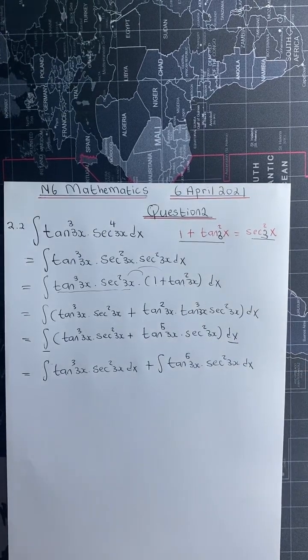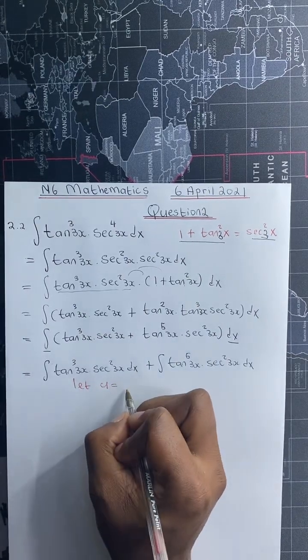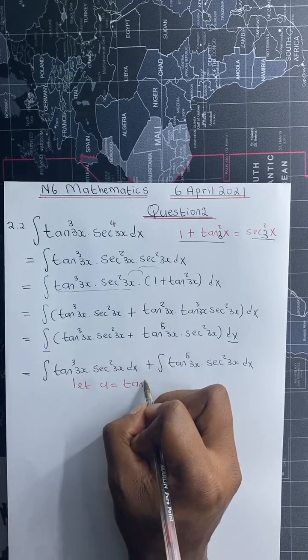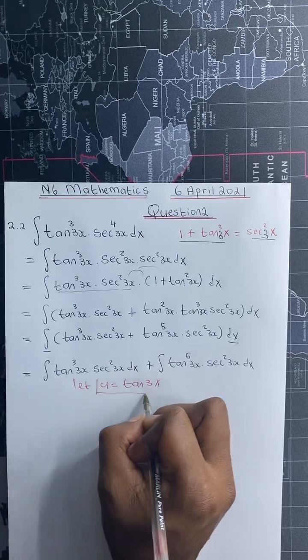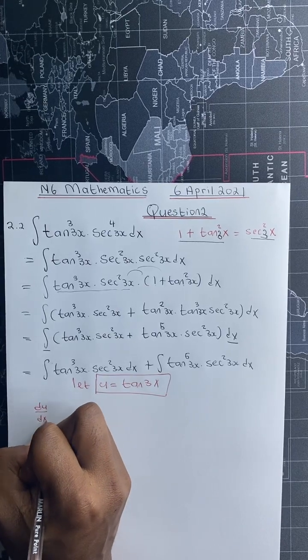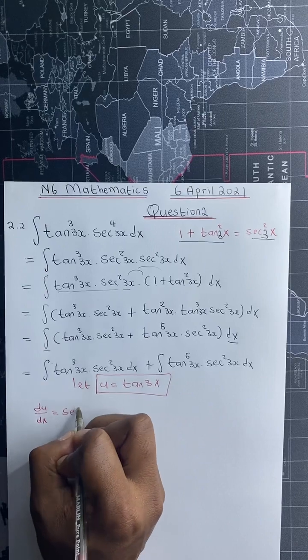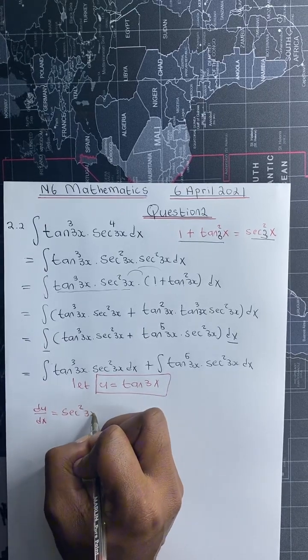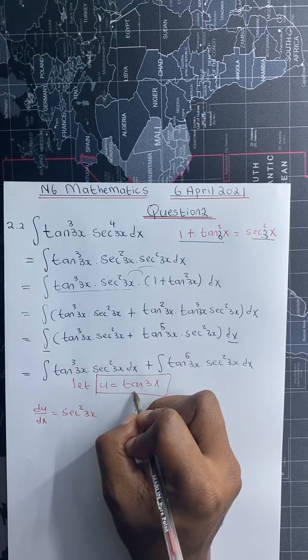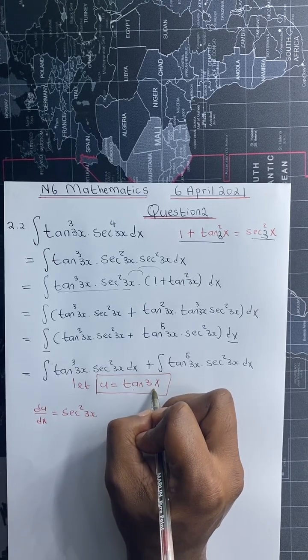From here we let u equal tan 3x, and we differentiate u with respect to x. The derivative of tan is sec squared, and our 3x is the function of the function; the tan is the function, and the 3x is the function of the function.